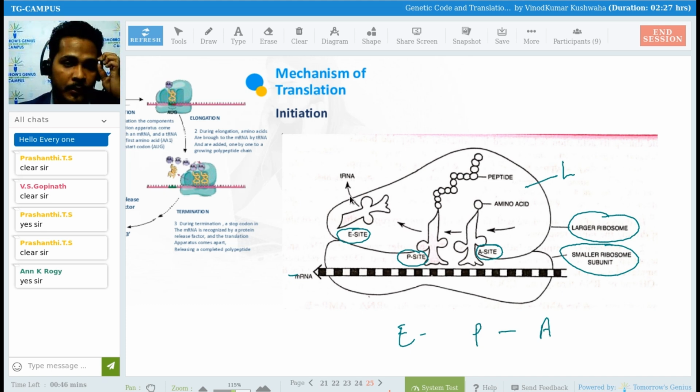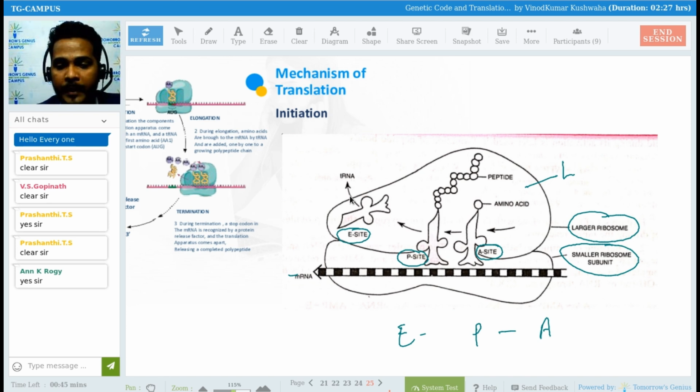Let's focus on it. So in this diagram, you can see there are three reactive sites. All three are reactive sites, A, E, and P. Now the P site is referred to as the peptidyl transfer, or we can say the donor site.